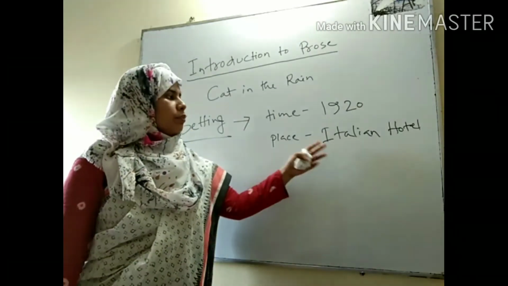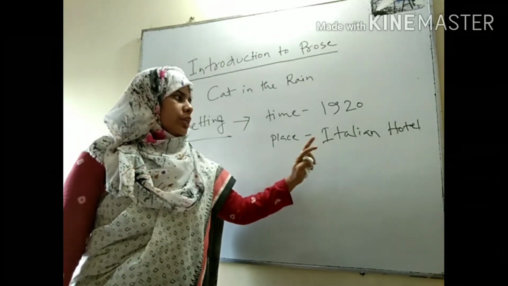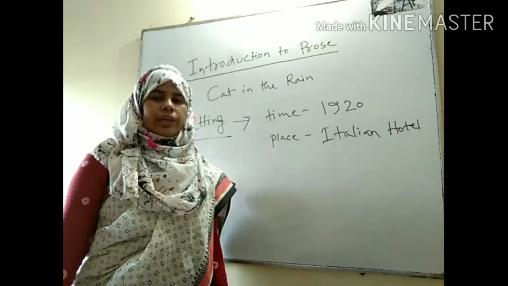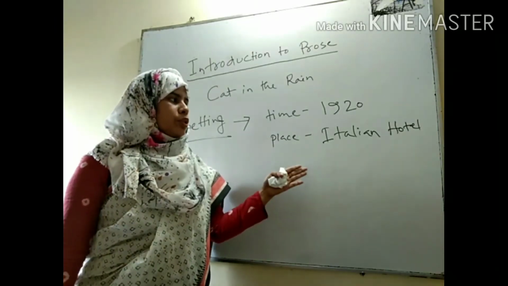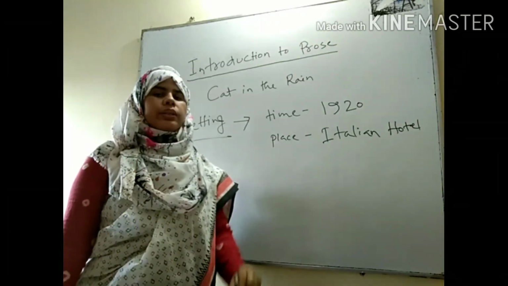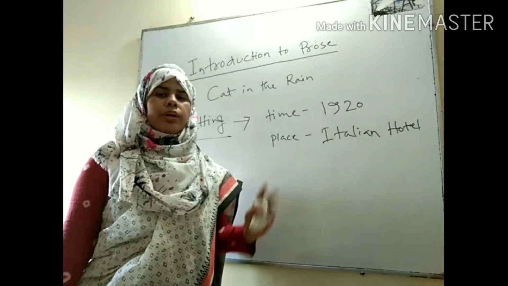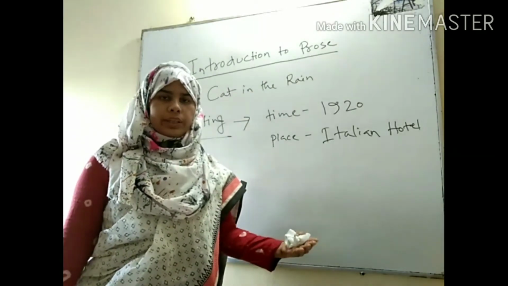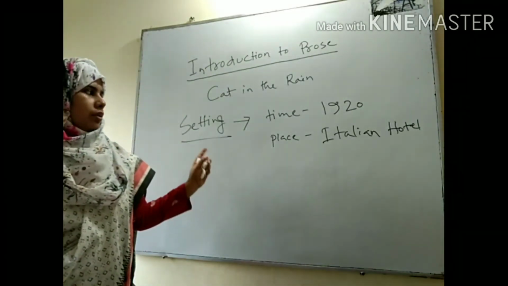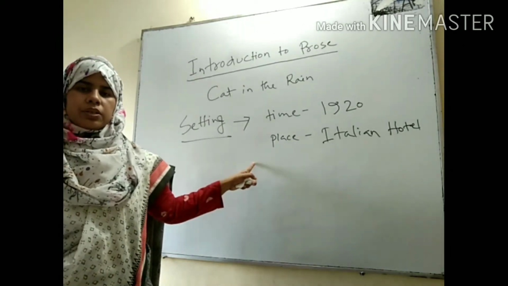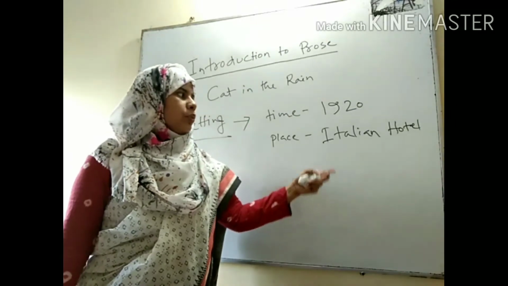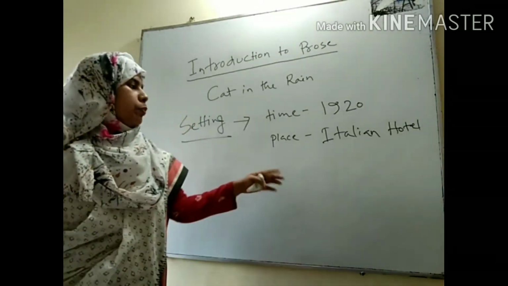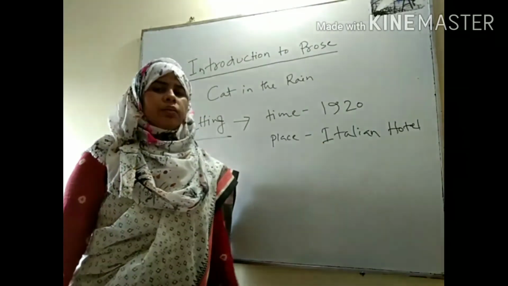Actually, they have come to the Italian hotel to spend their holidays or vacation. So this is the beginning of the story. The story begins with the line, there are only two Americans stopping at the hotel. You know the very first line of the story. They have put up in an Italian hotel.